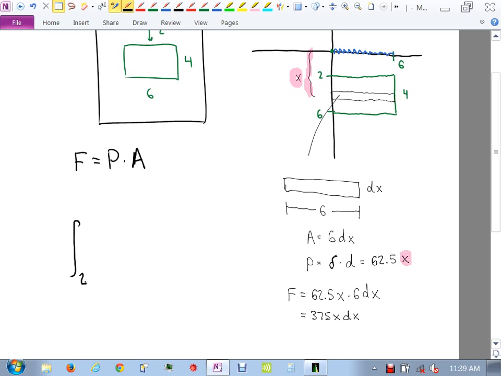From 2 to 6, because X is my depth, right? And that depth, yes, it could go all the way to 0, but my plate starts at 2, and then it goes down to 6. So 2 to 6 of 375 x dx.